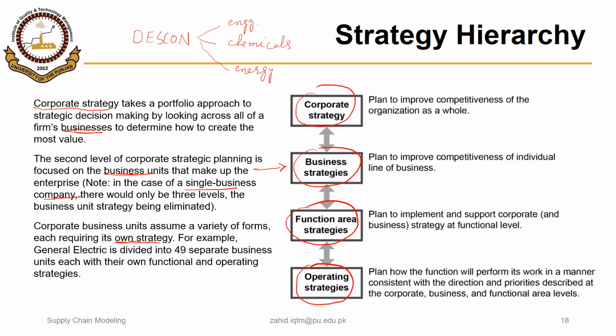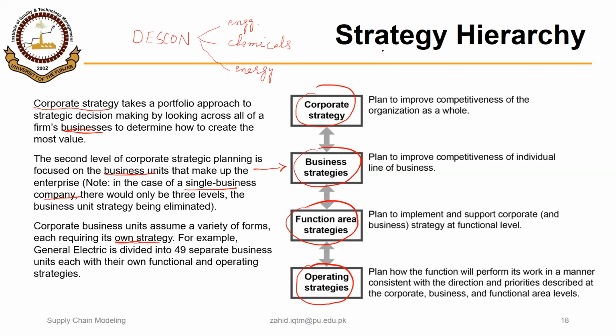Descon will have a corporate strategy that will have some guidelines for all businesses that are parts of the Descon group. Then each of the businesses will have their own business strategy. The engineering business will have its own business strategy. Descon Chemicals will have its own business strategy. And energy solutions will have their own business strategy.